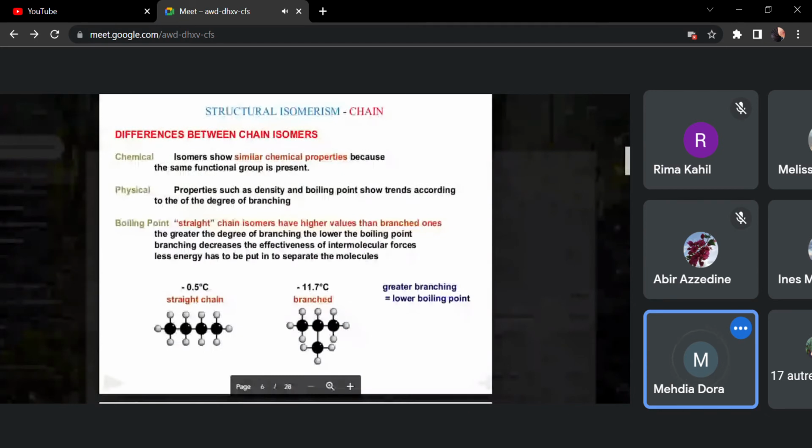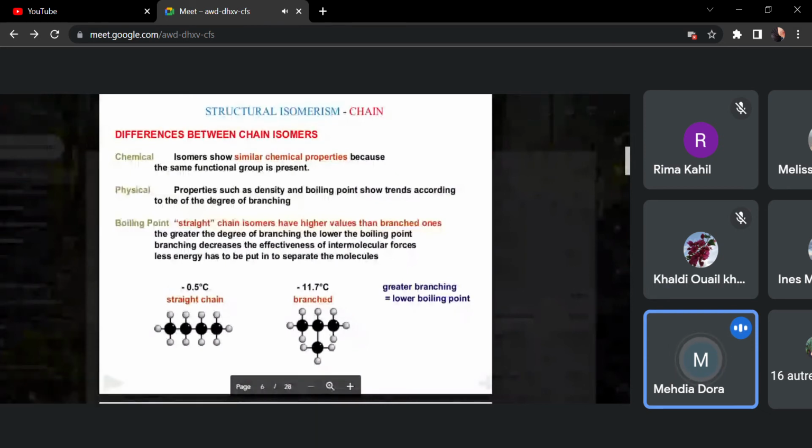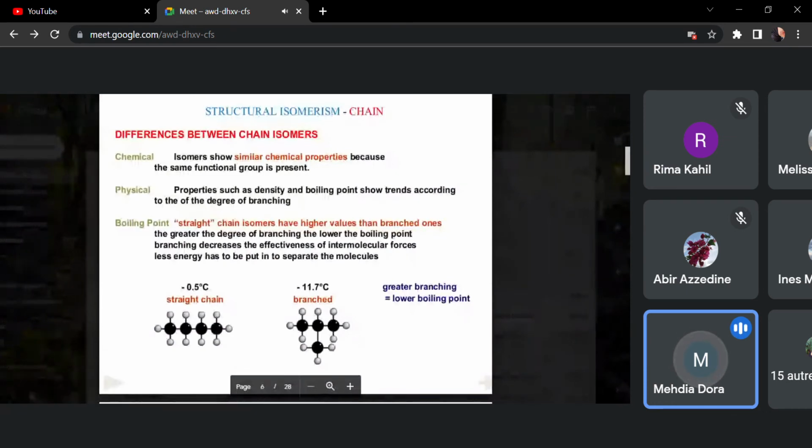Yes. We have here the melting point of minus 0.5 degrees, and for 2-methylpropane it is minus 11.7 degrees. It's not the same melting point; the physical properties are not the same. This is another example, okay?